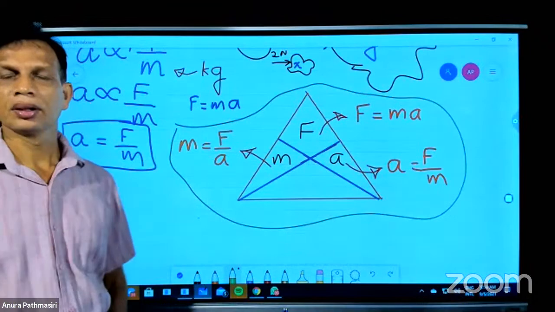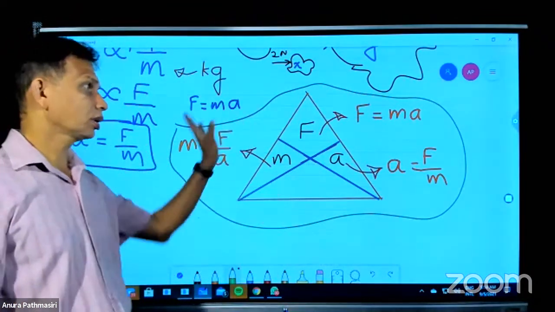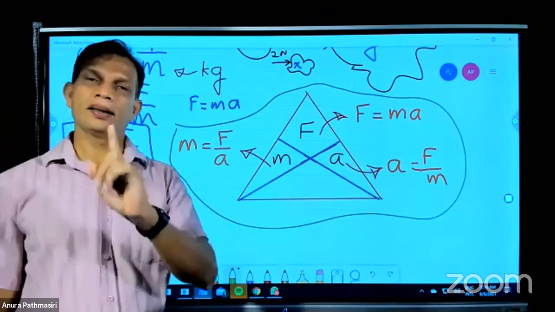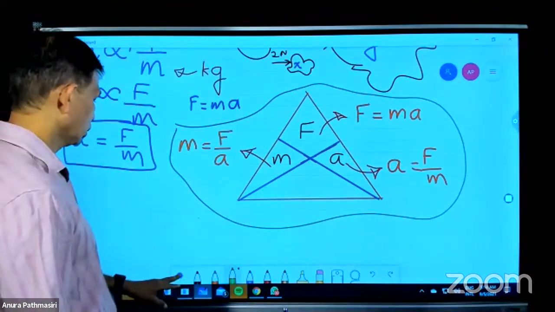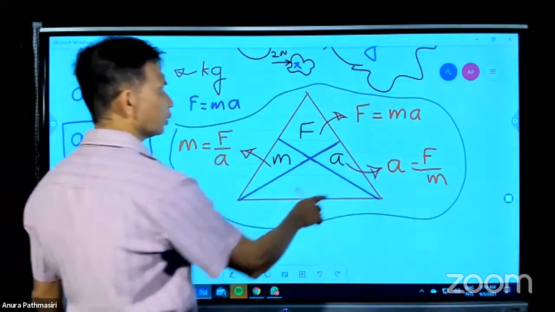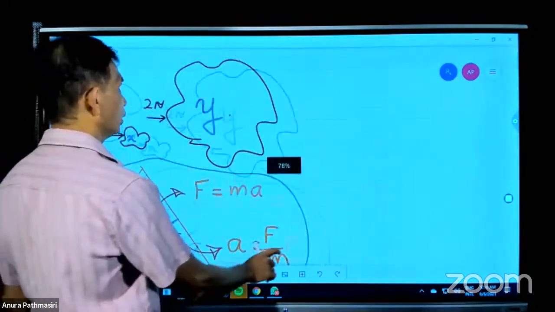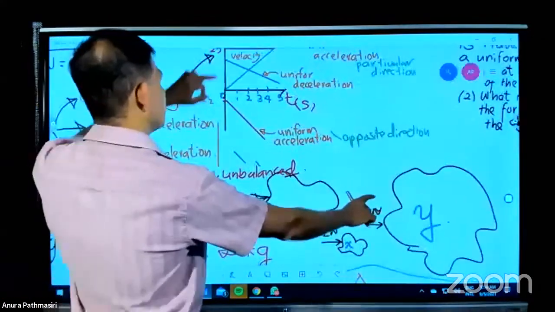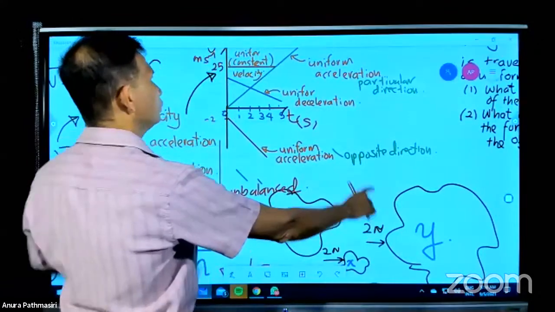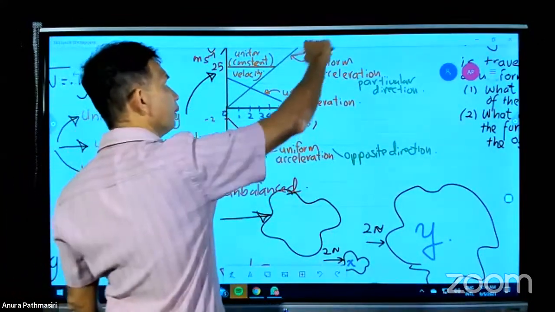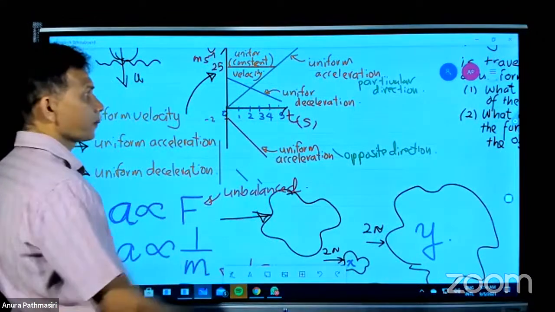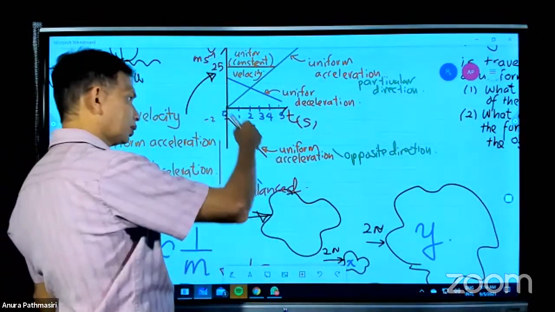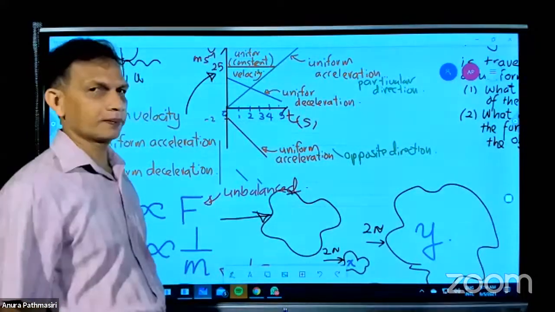We can have some sort of questions by using Newton's second law of motion. And going further with Newton's law of motion, applying it to the graphical representation here: uniform acceleration is there, uniform deceleration is there, uniform acceleration in the opposite direction is there.